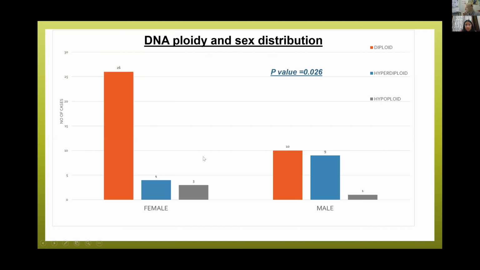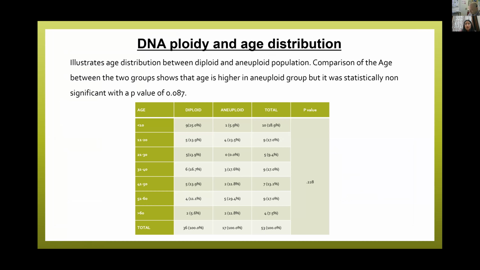Then a comparison was done of the age groups between the diploid and the aneuploid populations, and the age was higher in the aneuploid group, but this wasn't statistically significant.